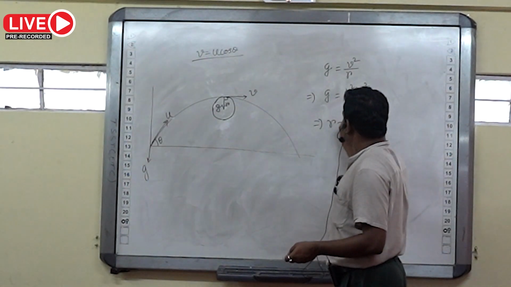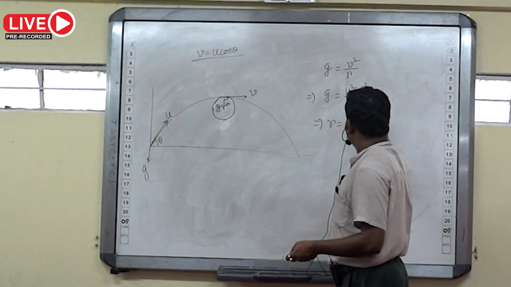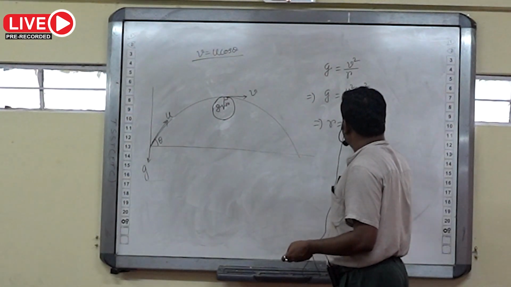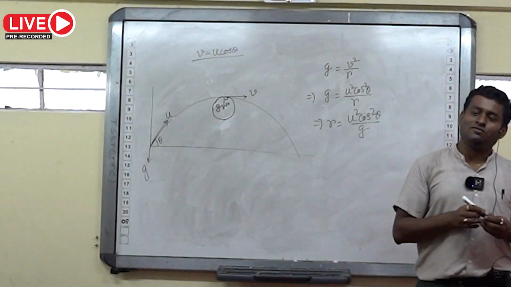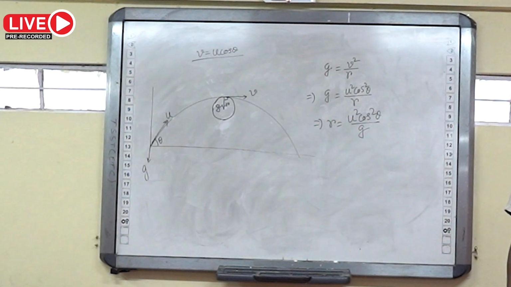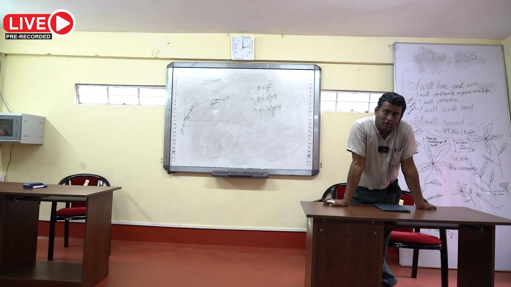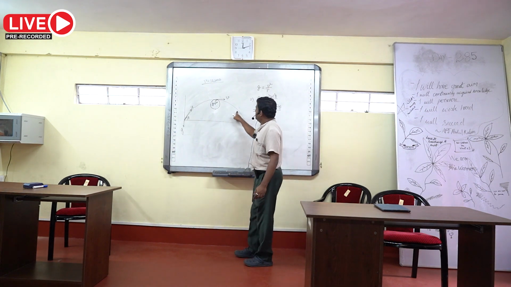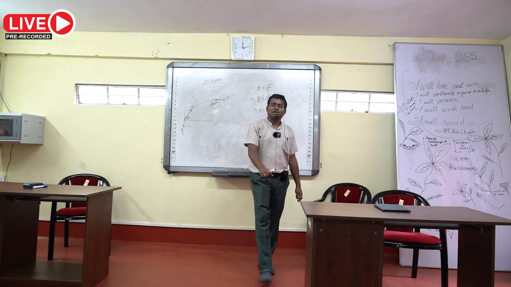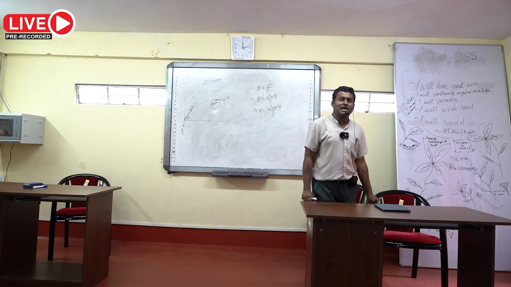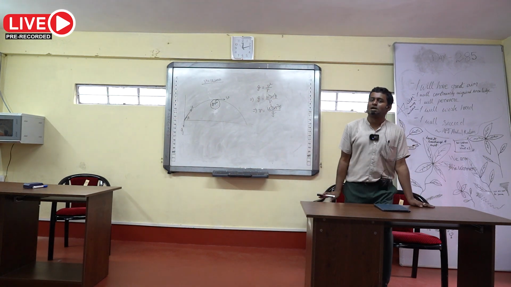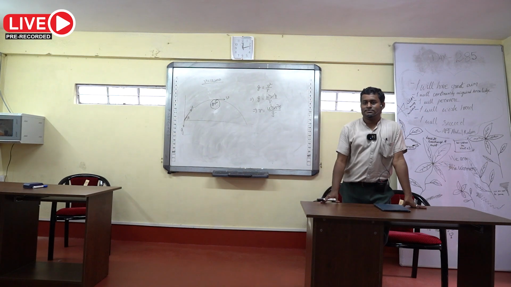So what is r? That is the value of the radius of curvature: u square cos square theta by g, at the topmost point, not at other points. At other points we can calculate it, but that is not so easy and it will not come in the NEET exam at all.